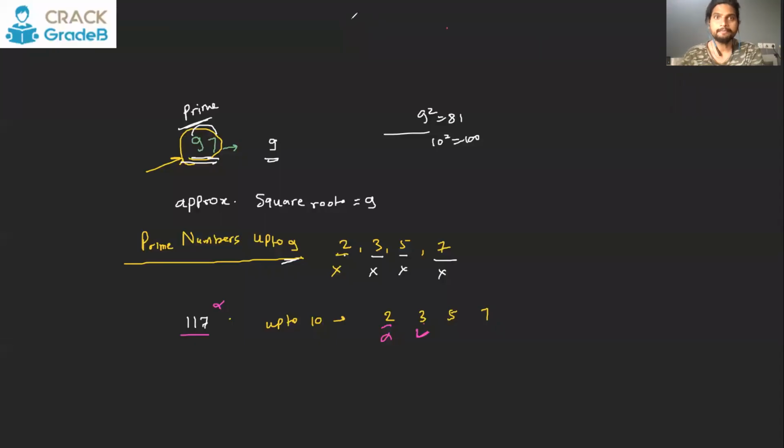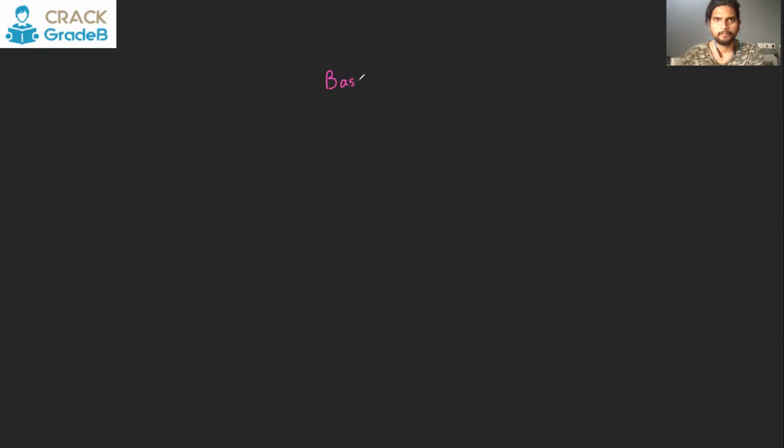Okay. Now let's see the next part of it. That is the base system. Now, in our exam, especially the EPFO exam, if you're targeting it, they have asked a question in one of the years to convert a number into the decimal system.